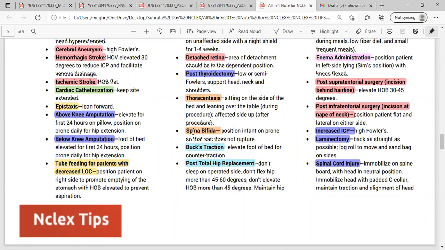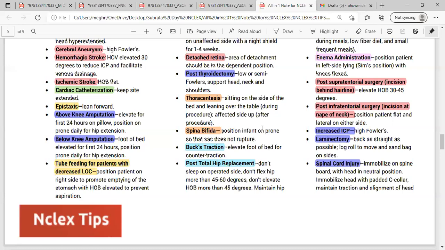If anybody has spina bifida, position the infant prone. Prone position means if anybody lies on their abdomen, particularly spina bifida, prone position.